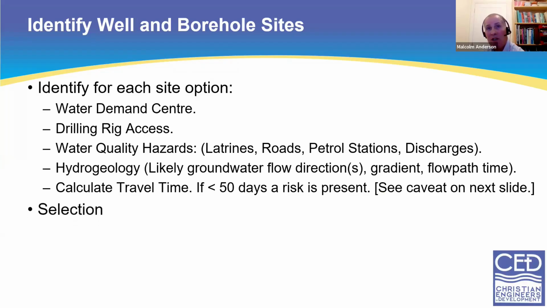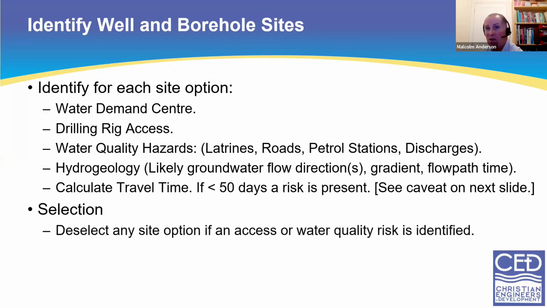At that point, you select which are the best sites and deselect any of them if there's a water quality risk or access risk identified, and then select the optimal sites from the remainder.